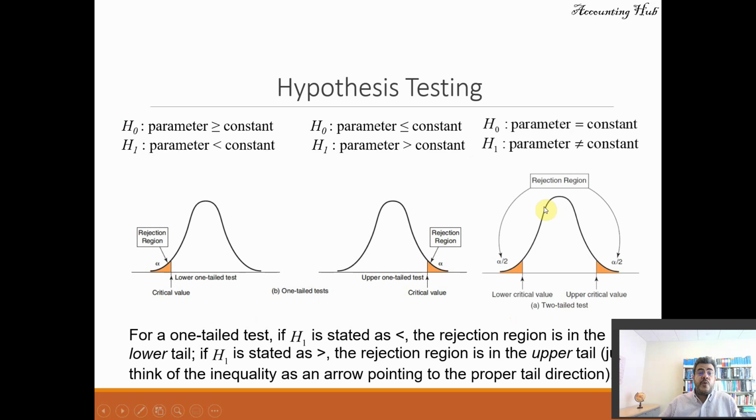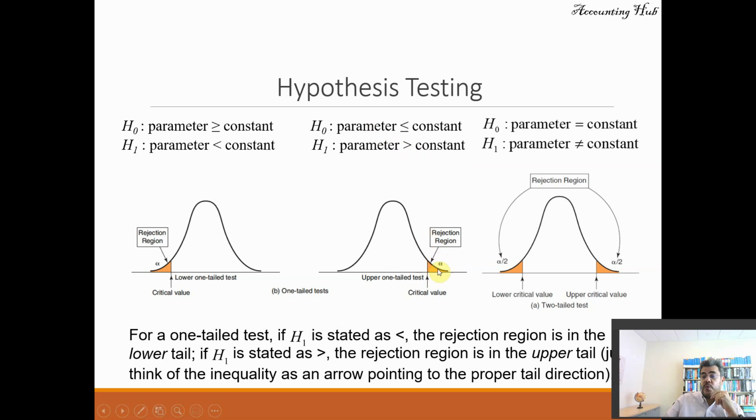So here, one tail test or two tail tests. Here, H0: parameter greater than or equal to a constant, H1: parameter is lower than the constant. That is here, so lower one tail test. If our number comes here, we reject the null hypothesis. So yes, our parameter is lower than the constant. On the other hand, if we want to check if it is greater, we reject the null hypothesis when it is lower or equal.